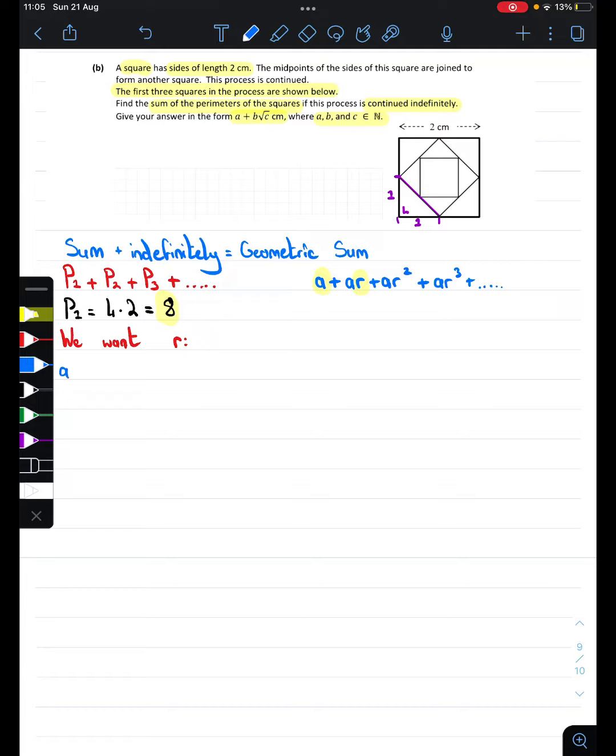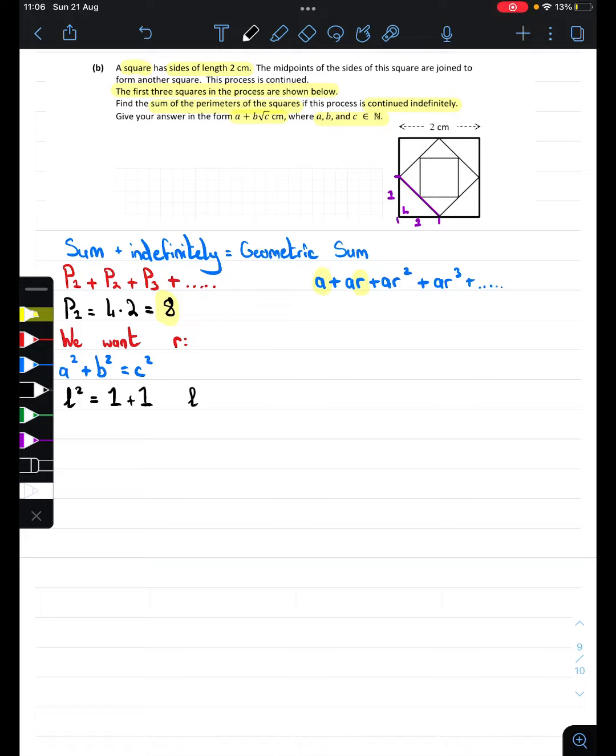So whenever we have a right angle triangle, we should be immediately thinking a squared plus b squared equals c squared. And the hypotenuse, which is the length of the second square, is just c squared, or let's call this L squared equals 1 plus 1.